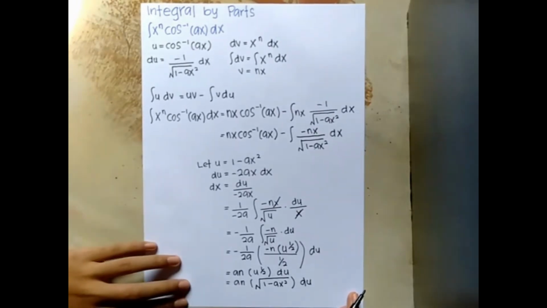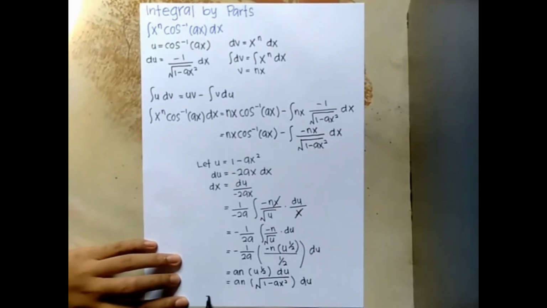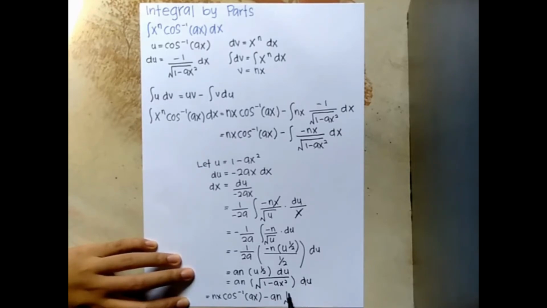And our final answer will be equal to an x cos negative 1 ax minus an square root of 1 minus ax squared plus c.